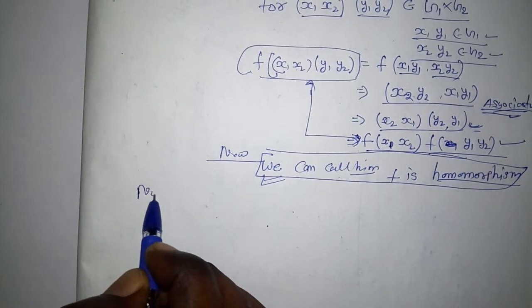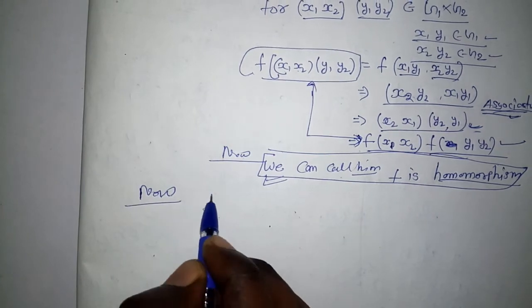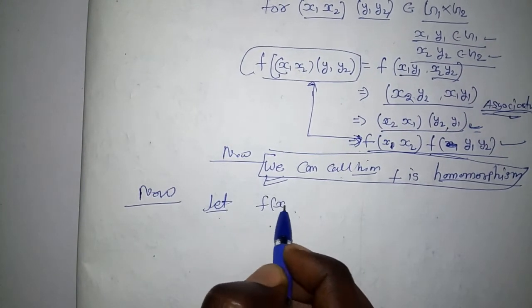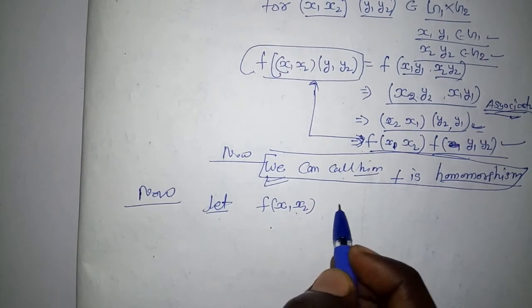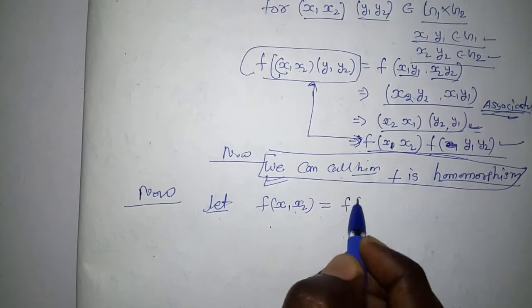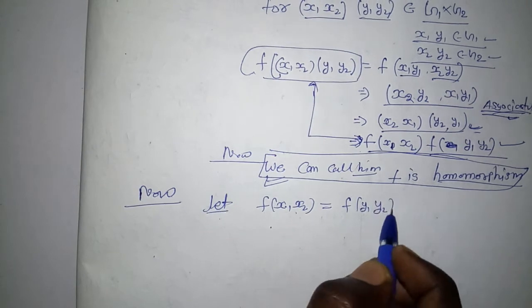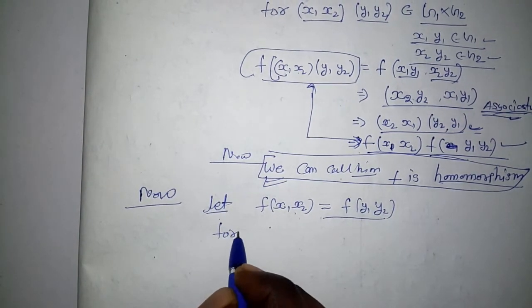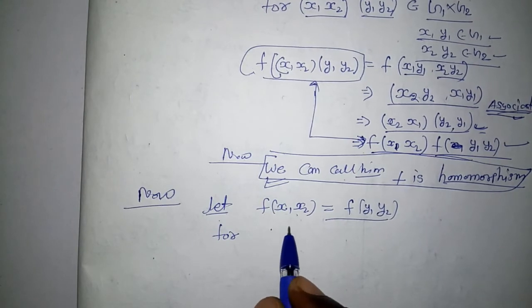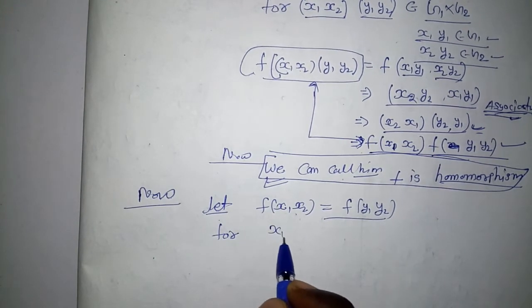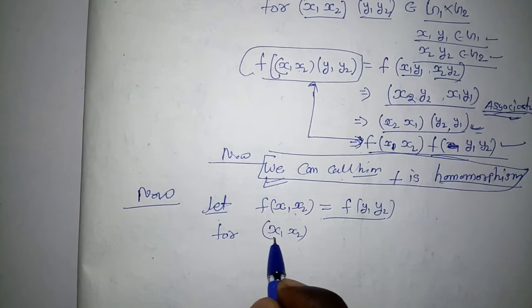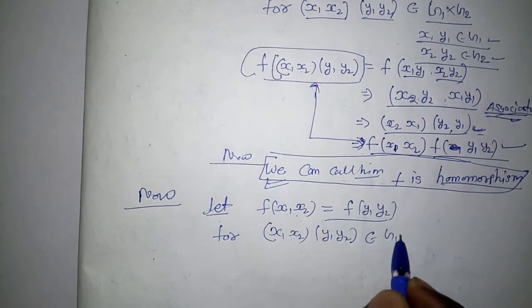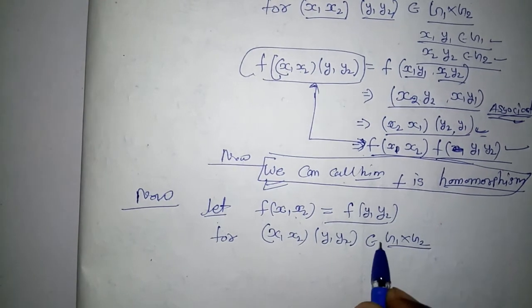Now let f(x1, x2) be equal to f(y1, y2) students, because we know that (x1, x2) and (y1, y2) belong to G1 multiplied by G2.